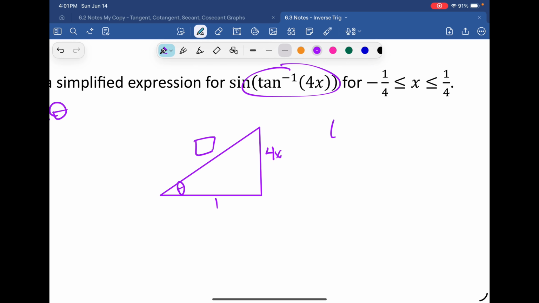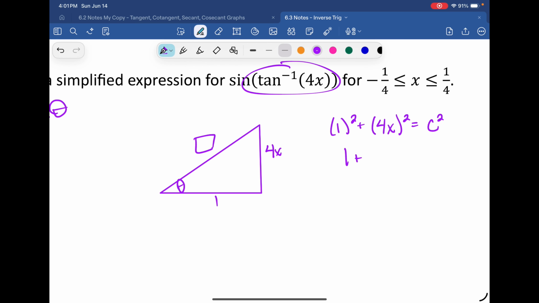So a squared plus b squared equals c squared. We're solving for c, the hypotenuse. So 4x squared is 16x squared.